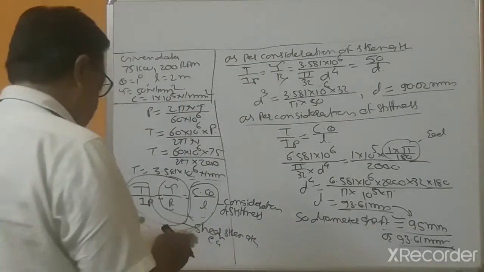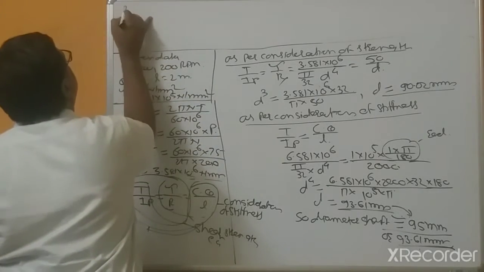A hollow shaft is to have an outside diameter. This is today's second problem.